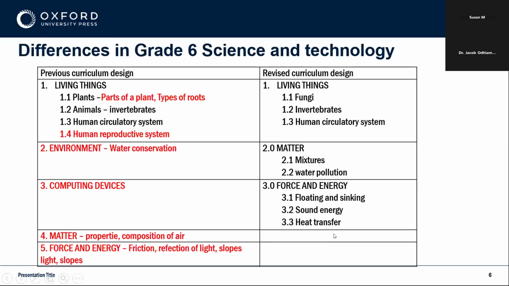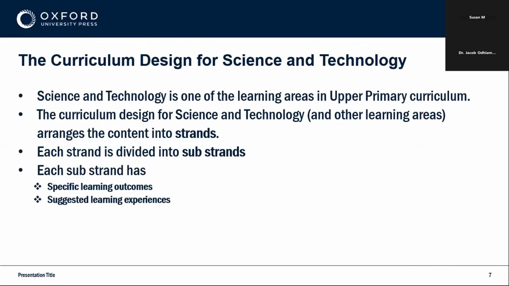Then let's now move to the curriculum design, how we can interpret it. Again, I think you know very well that science and technology is one of the learning areas in upper primary.